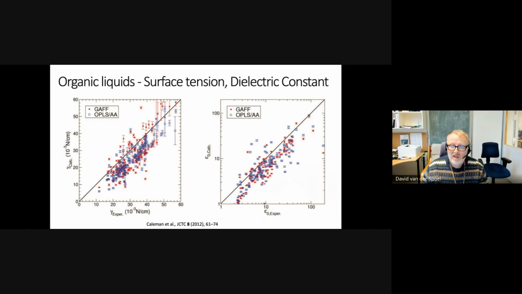This is a very difficult property to get right, because it has to do with the electrostatic interactions at long range and the motions of the molecules, so everything is playing a role. If molecules rotate too fast, you will get too high a dielectric constant, because they provide more electrostatic screening. And if they rotate too slowly, you will have too low a dielectric constant.